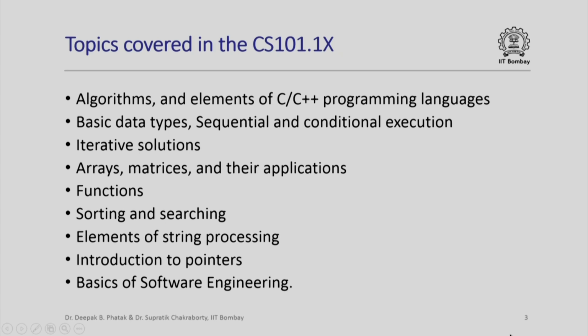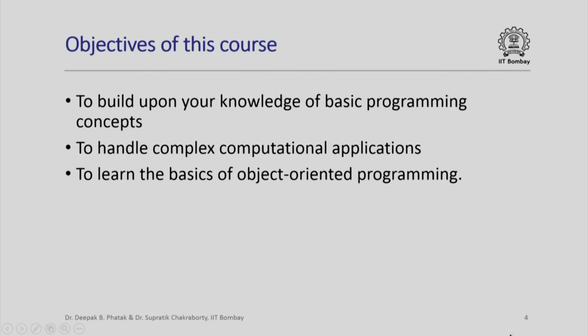As stated in the course requirements, we believe that all the participants are familiar with these aspects. The objective of this course is to build upon your knowledge of basic programming concepts and skills, to learn how to handle more complex computational applications, and, more importantly, to get introduced to the basic concepts of object-oriented programming.